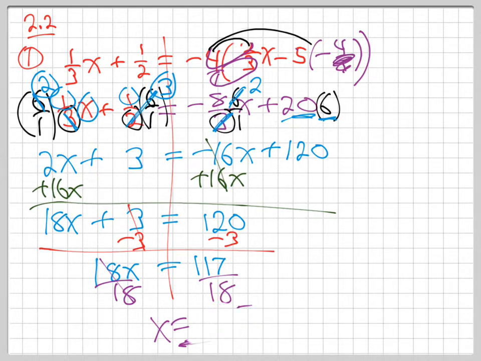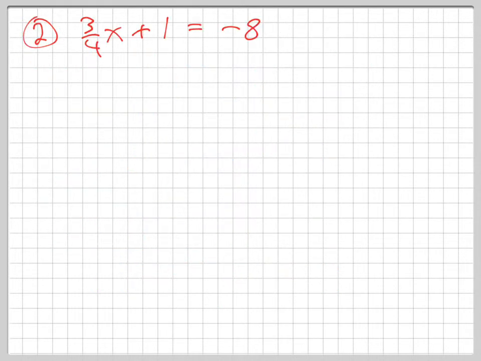So hold on, we're going to have to reduce that. How do you reduce that fraction? You can play around with numbers on your calculator, and you'll find that both the top and the bottom are divisible by 9. So what we get is 13 over 2. There we go.